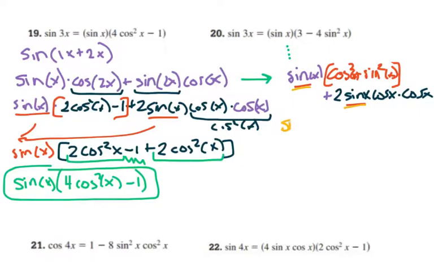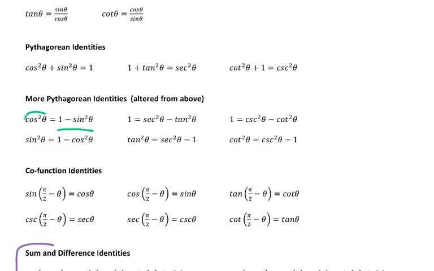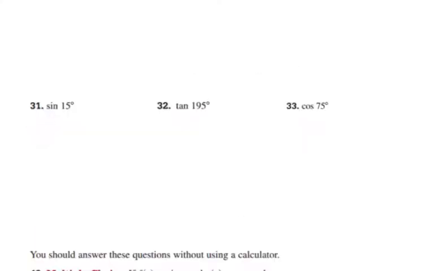So the sine goes out front, and then we're left with cosine squared of x plus sine squared of x plus 2 cosine squareds of x. And then I'm going to use the Pythagorean identities to change both of these into their equality of cosine squared equals 1 minus sine squared.